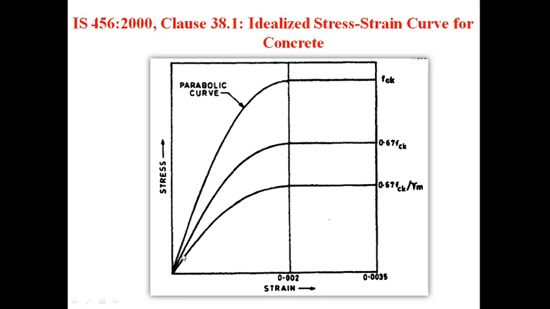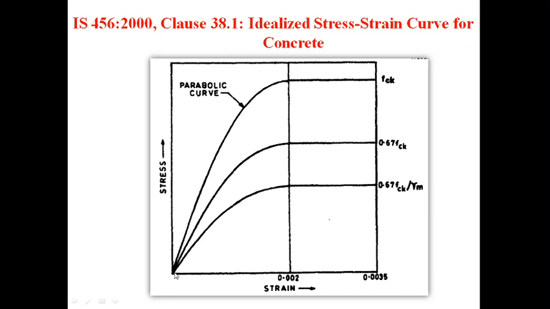One more time the curve dips down, because this 0.67 FCK again has to be divided by gamma m, the partial safety factor for material, that is for concrete, as per the limit state method given by IS 456 2000. For concrete we take the partial safety factor as 1.5, and therefore 0.67 divided by 1.5 becomes 0.45 FCK.